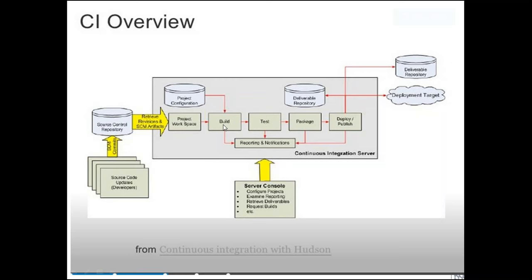After your workspace, it will go to the build. Suppose you are using Ant or Maven or MSBuild or any other build tool, you just go to the build prompt and say Ant build, or Maven compiler, Maven build, Maven deploy or Maven package, something like that.